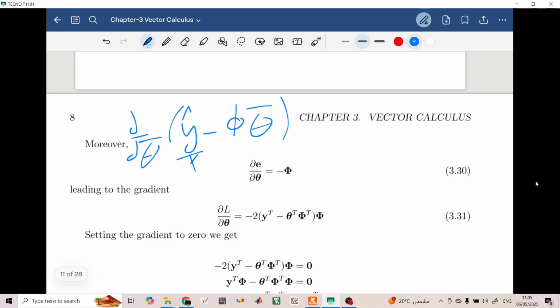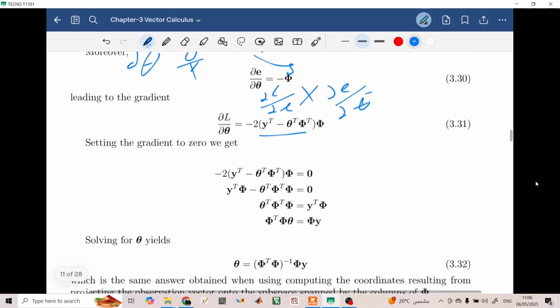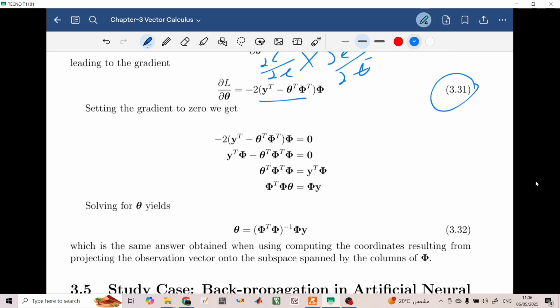We're taking the derivative with respect to theta, so we're left with the constant phi, and of course we don't forget the minus sign. It's very easy. Now we put both of them here. This is, as I said, L with respect to E, and this is E with respect to theta. We multiply them and we get equation 3.31.